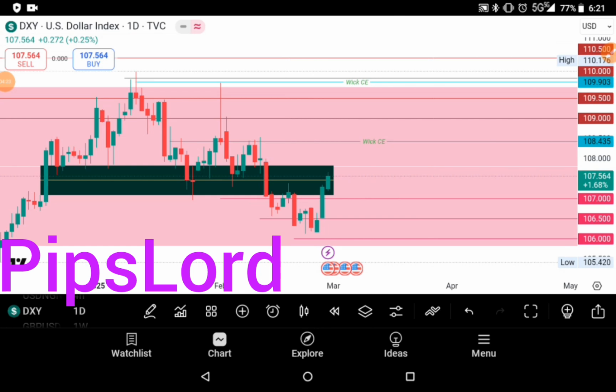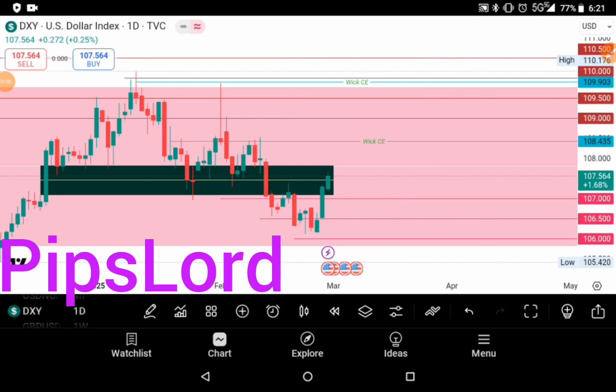But in the course of the week, if I should see some strength, I'll be interested in the 108 big figure. The moment the 108 big figure has been crossed and serves as support to the price, then I'm interested in going bullish on dollar index again.